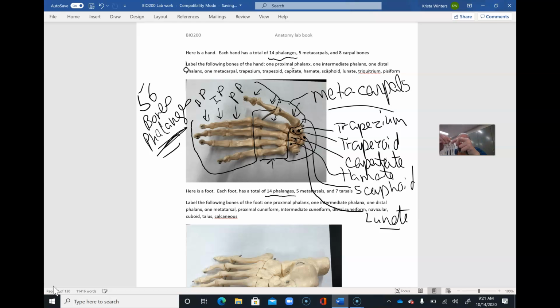And then you have this triangular shaped bone here. You can kind of see it here. It's hard to see in the picture. This is known as the triquetrum. And the very last bone here is pisiform.